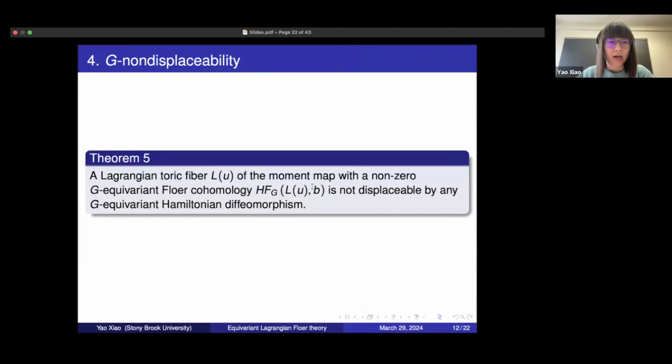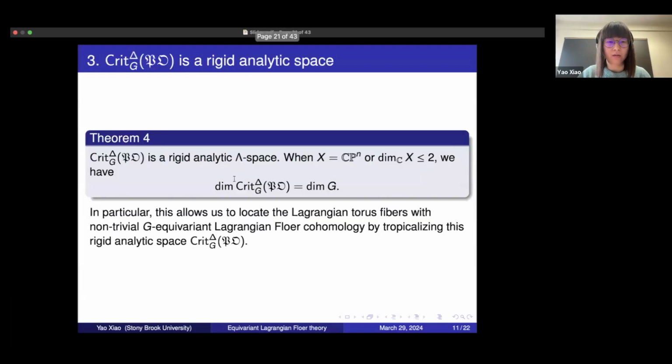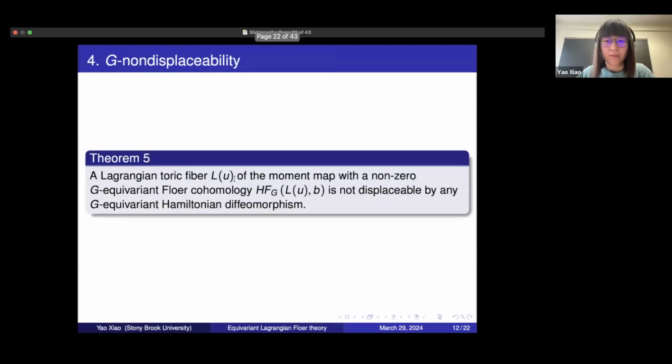Next I have a non-displaceability result. Any Lagrangian torus fiber which appears in the previously mentioned set with G and delta would be non-displaceable by equivariant Hamiltonian diffeomorphisms.